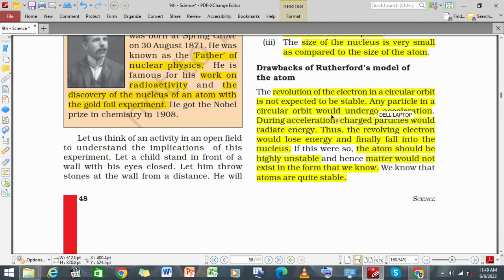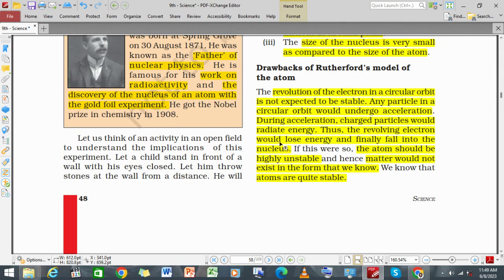Any particle in a circular orbit would undergo acceleration. It is on a circular path, so it will have acceleration. Both centrifugal and centripetal force will be acting on it, and during acceleration, charged particles would radiate energy. Radiation of energy will take place because it is a charged particle and it keeps on accelerating in a circular path.